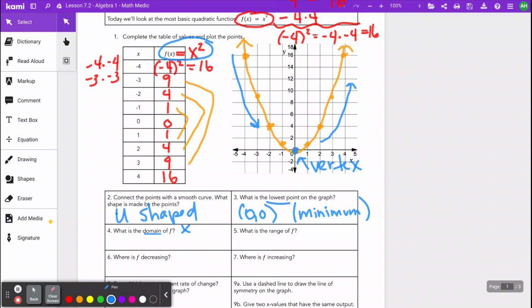I can put in any negative number and square it. I put in 0 and squared it. I could put in any positive number and square it. And so really my domain is all the numbers. We say all real numbers. Any number that you can think of, I can type it in my calculator and square it. So we say all real numbers is my domain. Any x value can be substituted in.